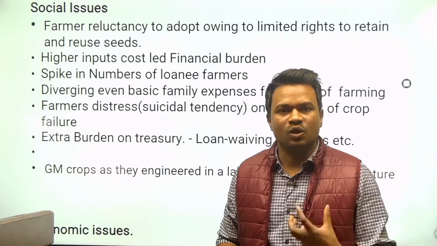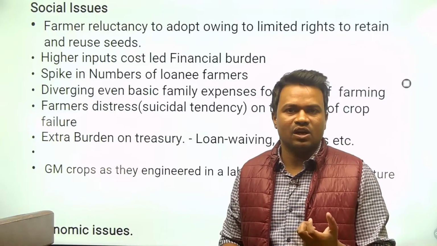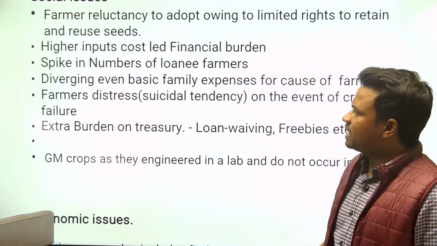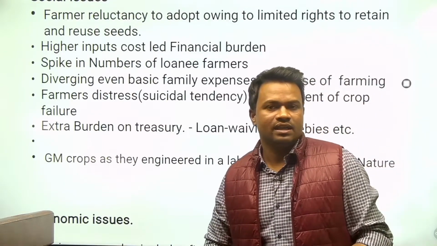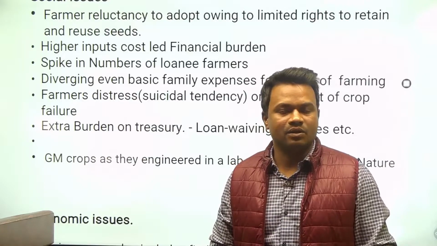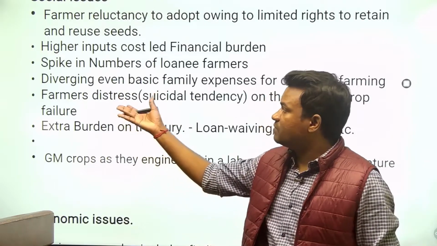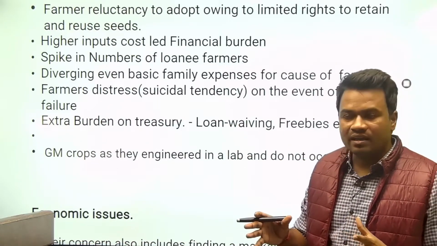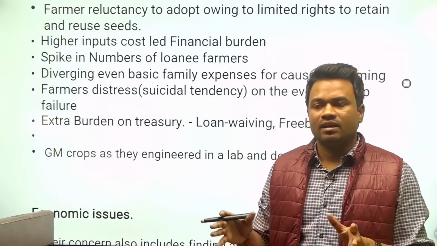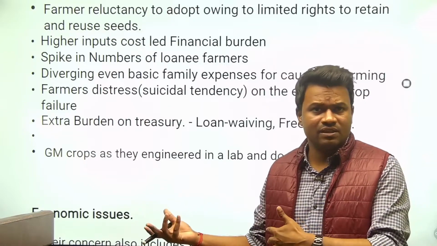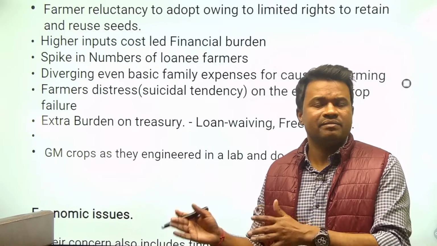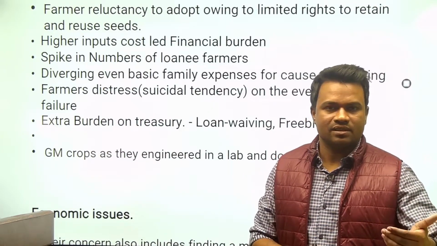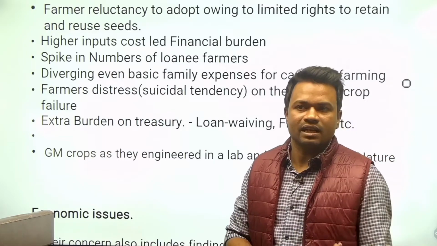If the seeds of particular GM crops are highly priced, it will ultimately lead to more and more loan taking. If the loan is not repaid, it will cause further farmer distress, and the farmer's entire income goes to the particular agricultural practice, which may even divert money from basic needs like children's education and other basic amenities.